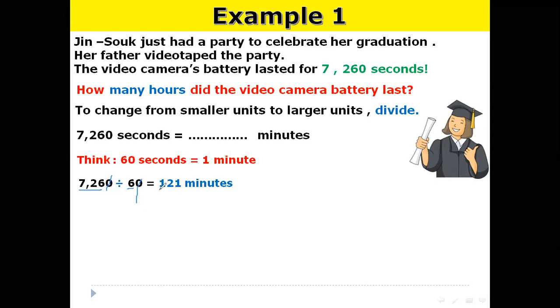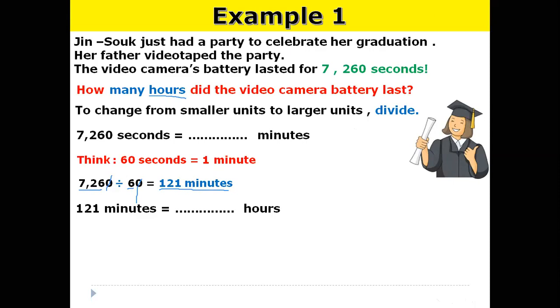Now this many minutes, we need to change to hours. What's the relation between hours and minutes? We know that every 1 hour, there are 60 minutes.